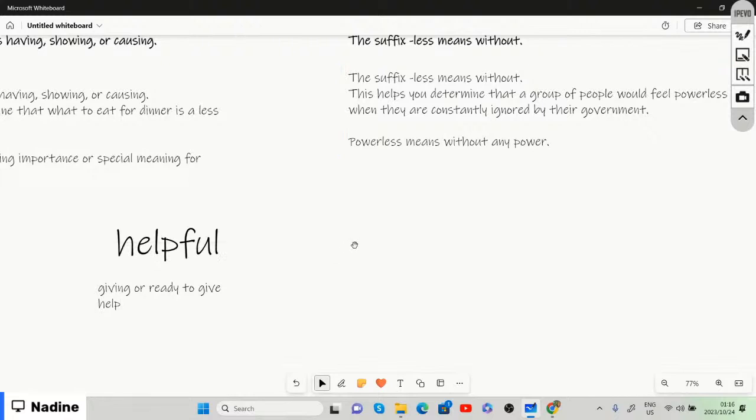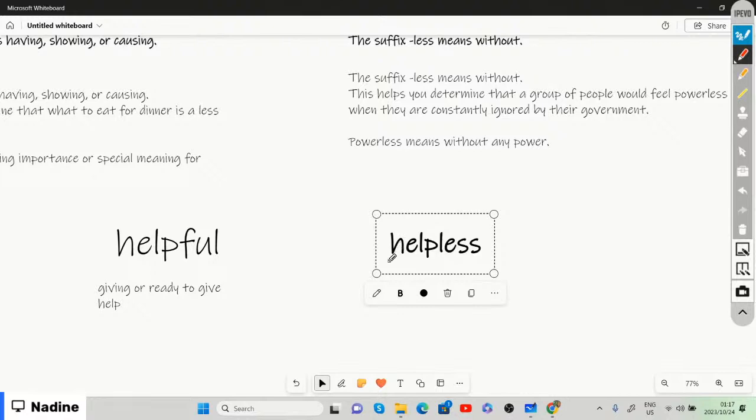And then we have helpless. So we have helpful and we have helpless. You see, our base words are both help. These are base words, and we added full and we added less. So we have helpful, which is giving or ready to give help, and then we have helpless.